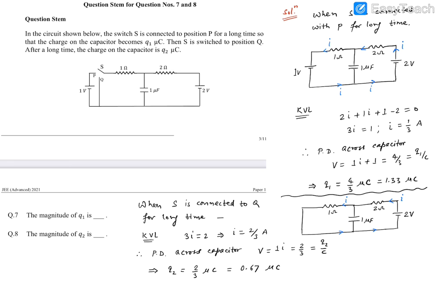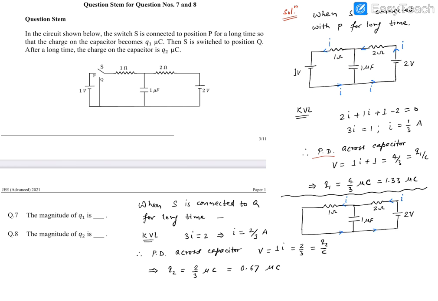We need to find the charge on the capacitor, so we need to know the potential difference across this capacitor. The potential difference across this capacitor can be calculated by using the loop equation, Kirchhoff's voltage law, for either the left or right loop. So we can use this loop. The capacitor will have a potential difference corresponding to these two together.